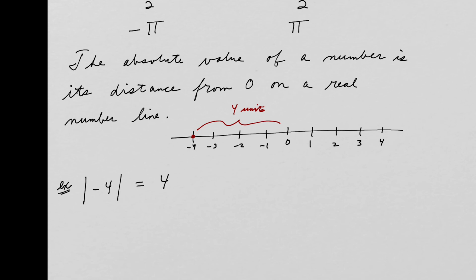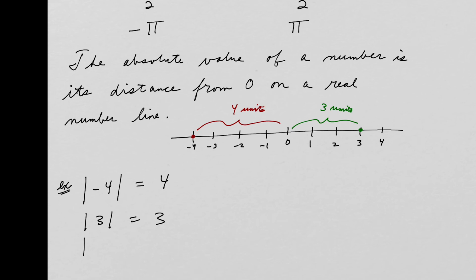It's 4 units away. If the number were, say, 3, absolute value of 3. So 3 is right here. How far away from 0 is 3? Well, it's 3 units away. So absolute value of 3 is just going to be +3.